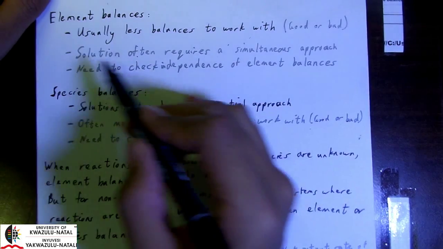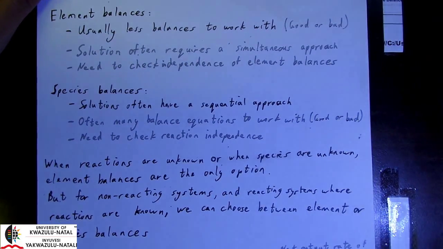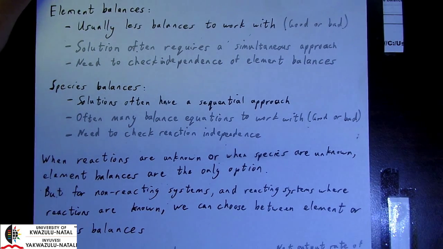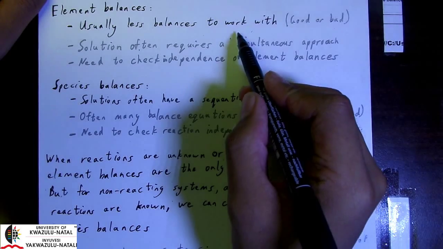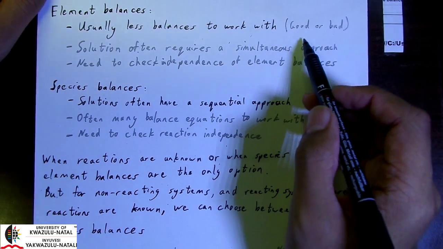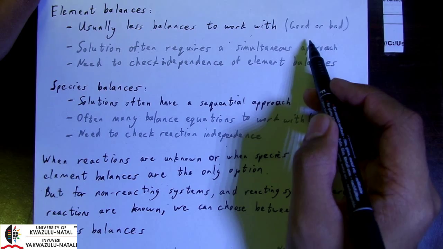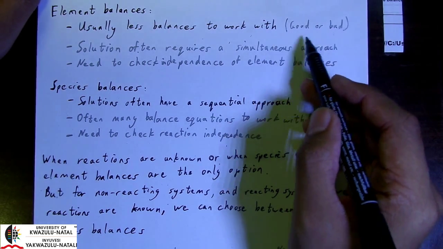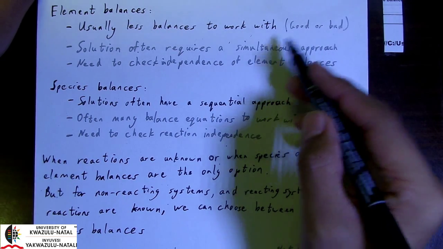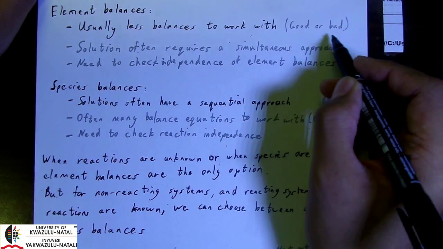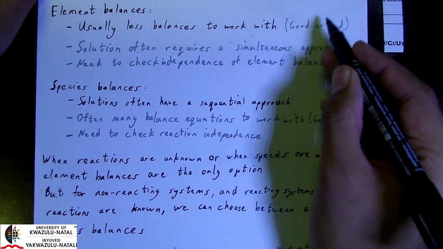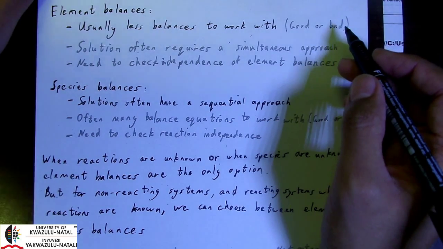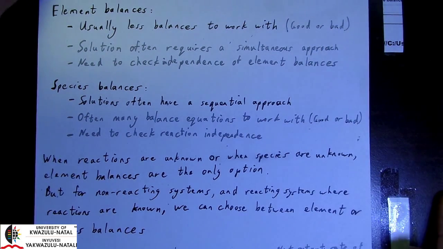Typically in systems or processes where we have a large number of species, however they are only made up of a handful of elements, so we can write out fewer balances. This can be a good thing or a bad thing. If it's good, it's good in a way that our calculations will be simpler. We have fewer balances to work with. However, it could be bad for the process because it means that when we have fewer balances, then solving the problem becomes more dependent on subsidiary relations as well as specifications.